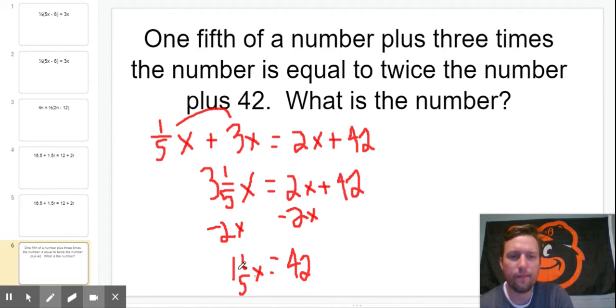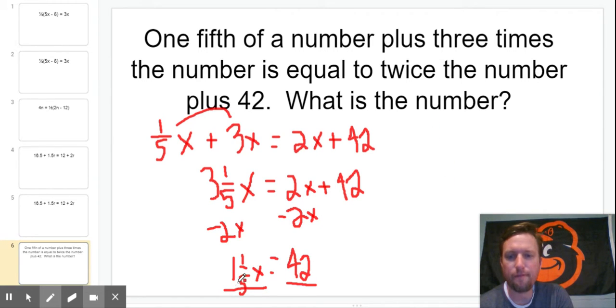So to do the inverse operation, I'm going to write it up over here. I'm going to divide both sides by, that's right, the 1 and 1/5. Now, before you do that, let's look at this, because since this is a mixed number, we're going to turn this mixed number into an improper fraction.